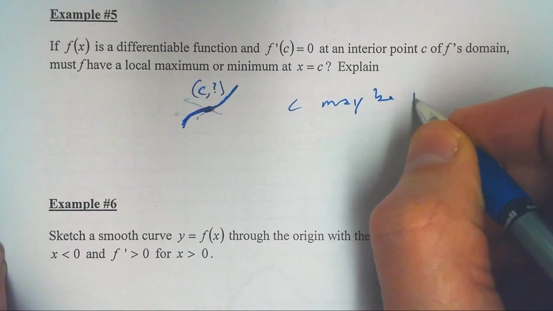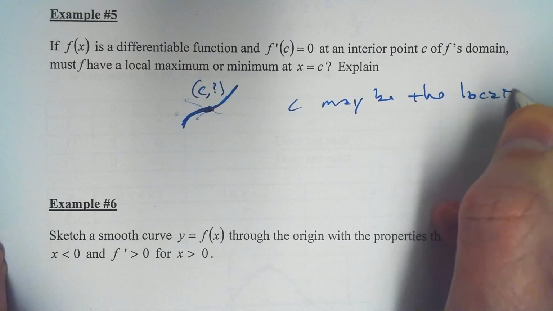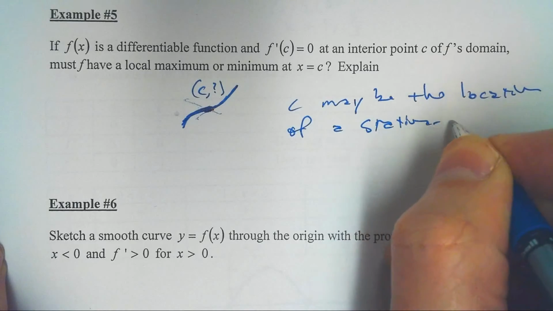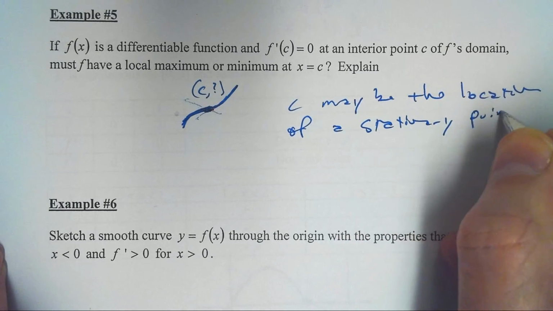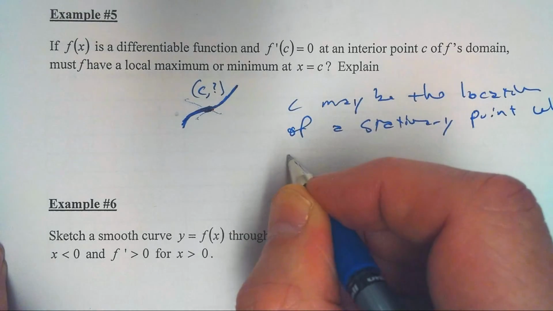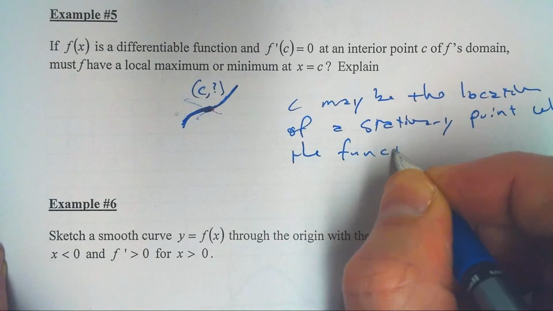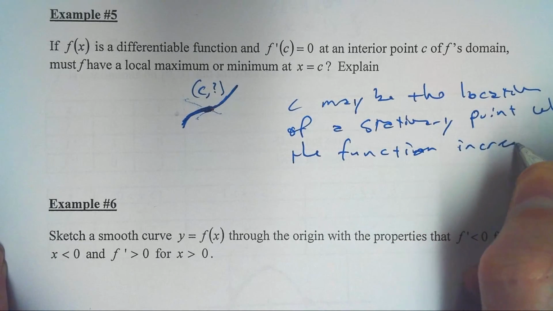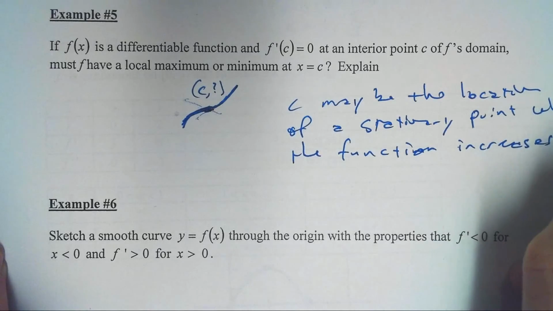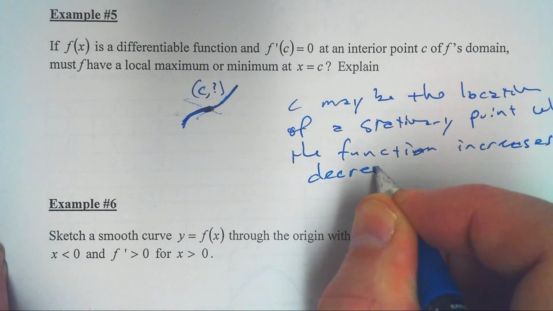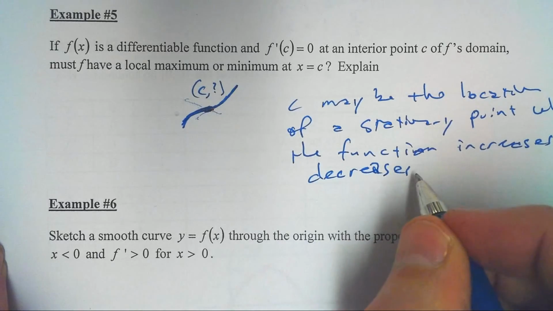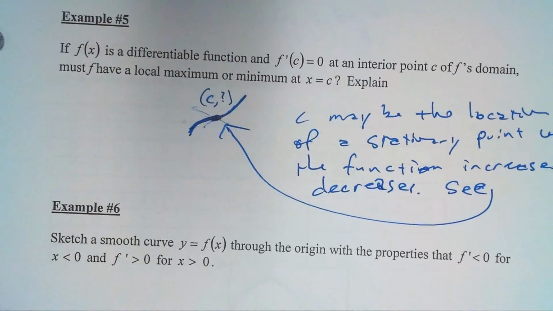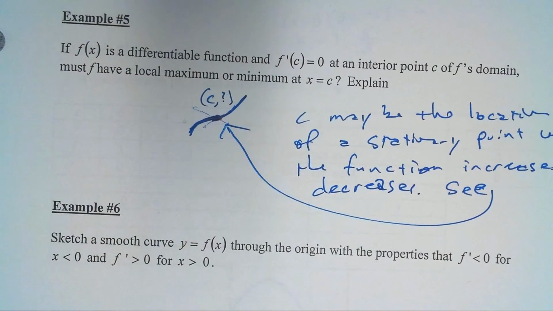C may be the location of a stationary point where the function increases or decreases. Okay, nothing wrong with having diagrams aid your explanation.